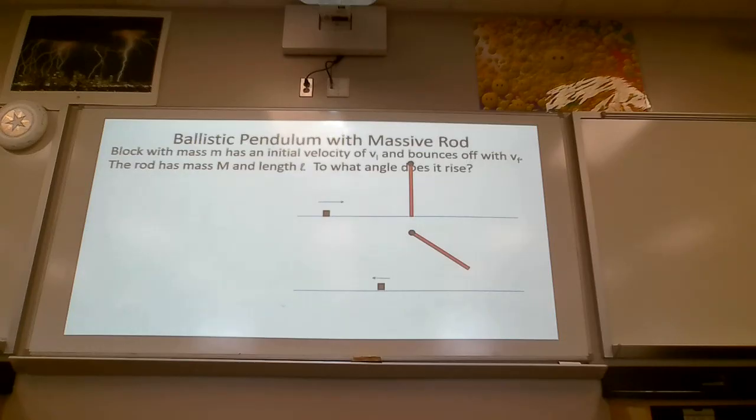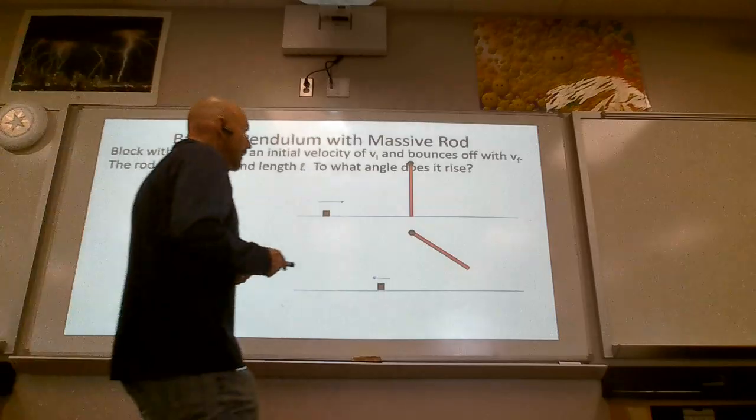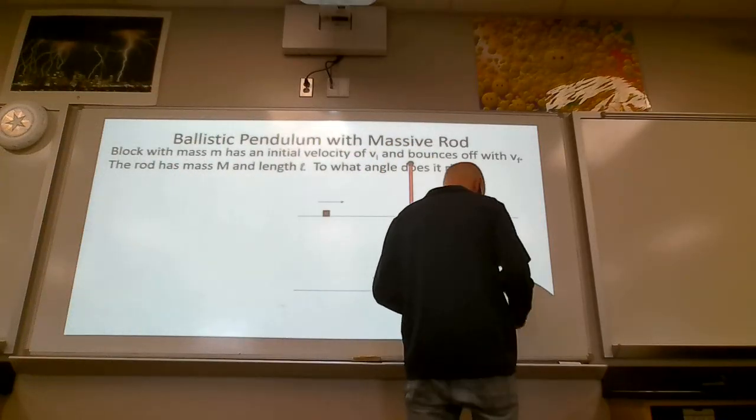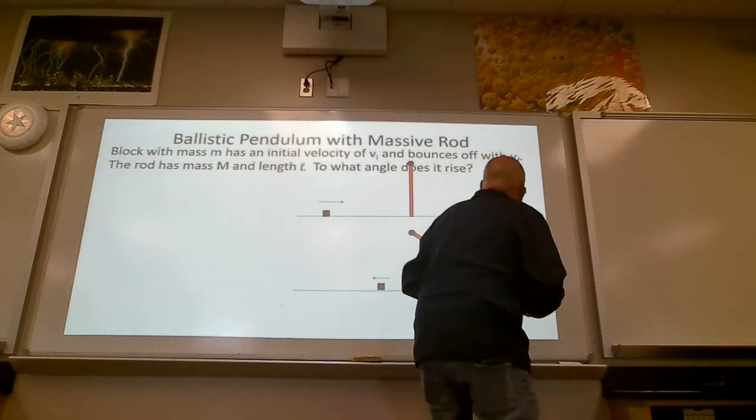The moment of inertia of a rod pivoted at the end is 1/3 ml squared.